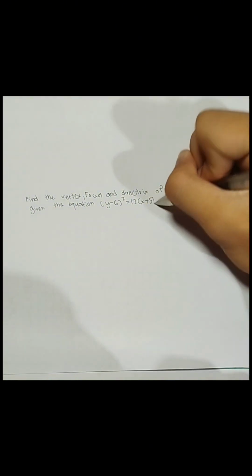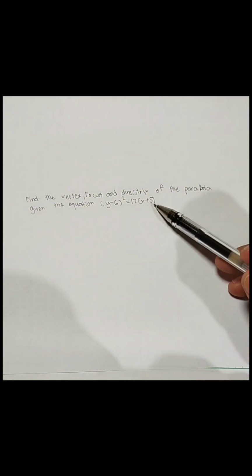Okay, so next equation. Now that I have taught you how to find the standard form and graph them, I will be showing you how to graph and find the focus, vertex, and directrix using a given equation.